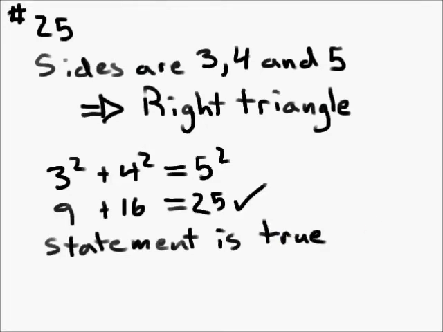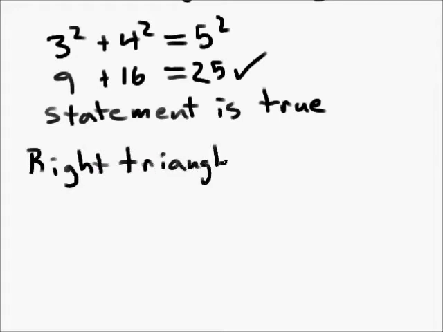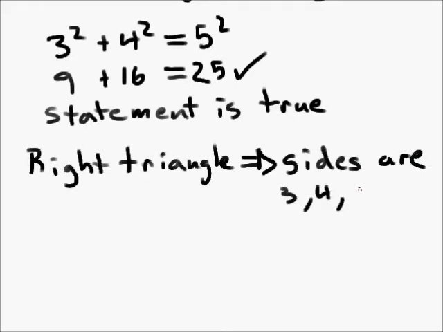Okay, next we need to look at the converse of it. The converse would be if it's a right triangle, that implies that the sides are 3, 4, and 5 units long.